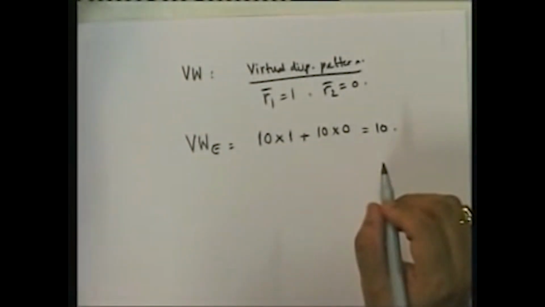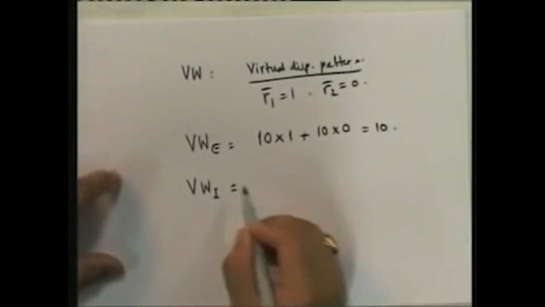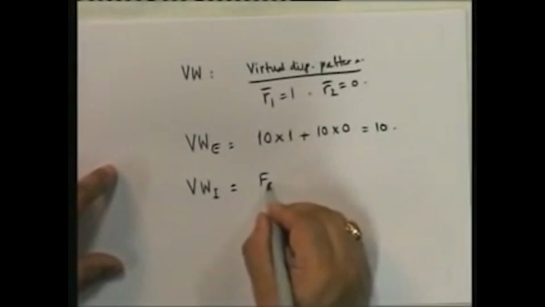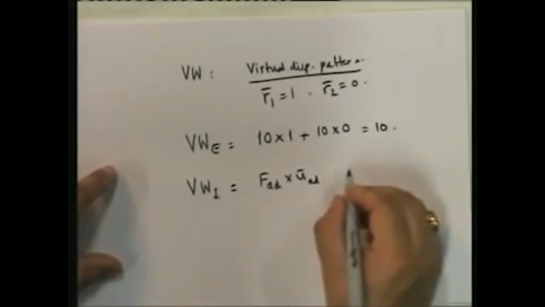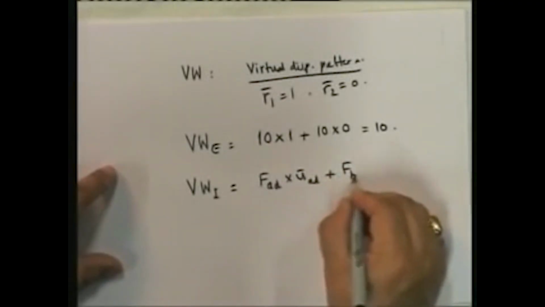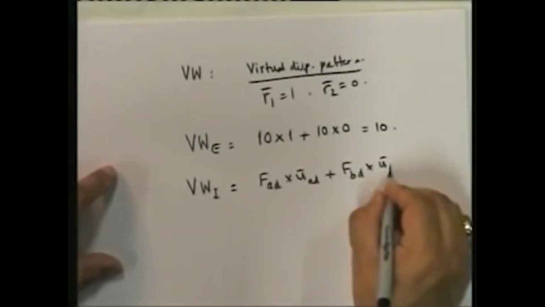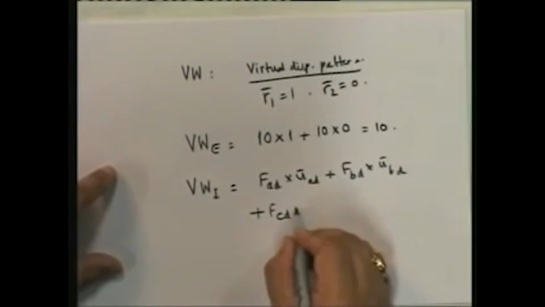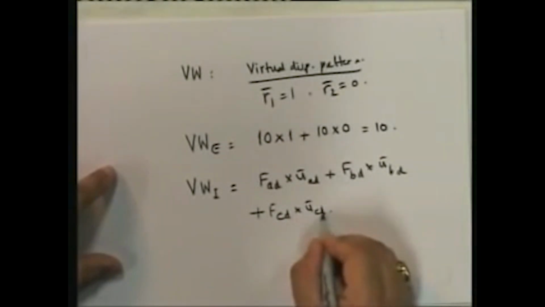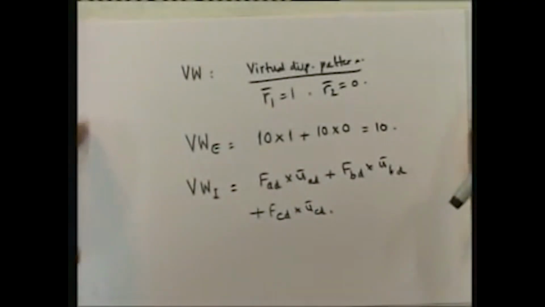Okay. So now, what about the internal virtual work? The internal virtual work is going to be FAD into UAD plus FBD into UBD plus FCD into UCD. Okay?